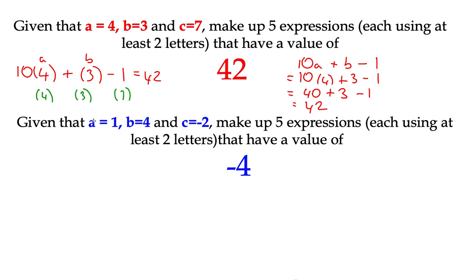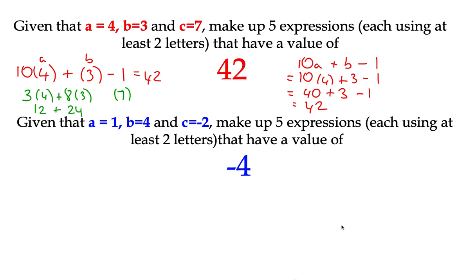There's no right way of doing it. I'm just going to pick some numbers. I'm going to pick 3 lots of 4, which is 12, and 8 lots of 3, just at random, because that's 24. If I add 12 and 24, it gives me 36, which is still less than 42.